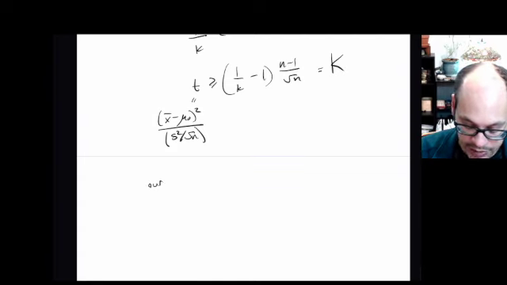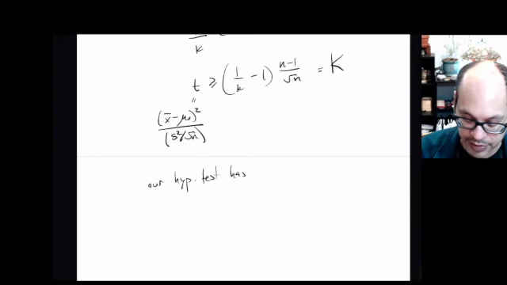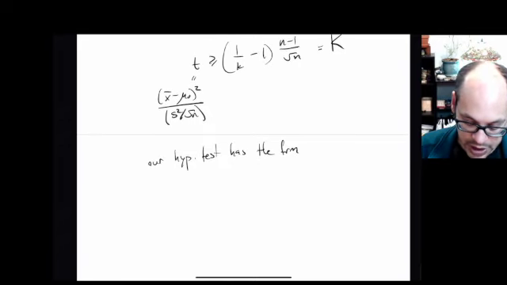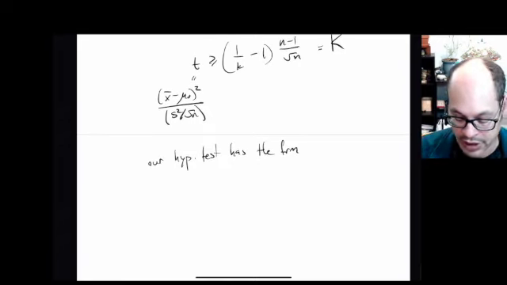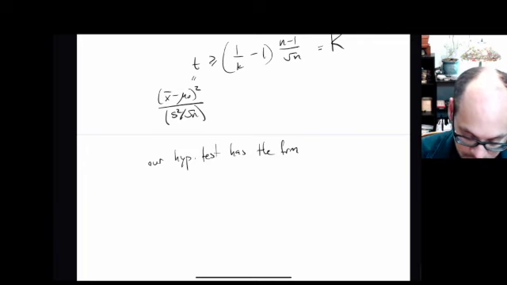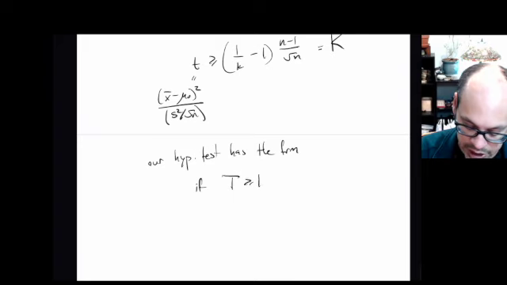So our hypothesis test has the form, if this random variable t is bigger than or equal to k, then we reject.